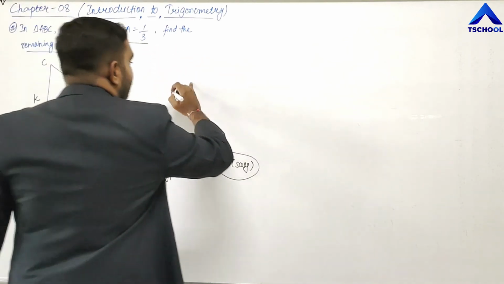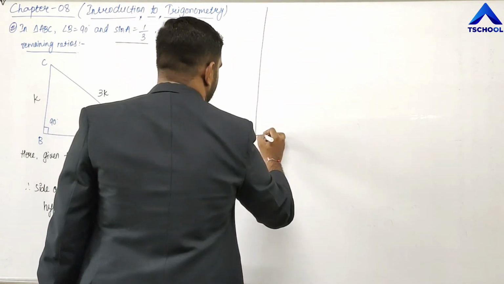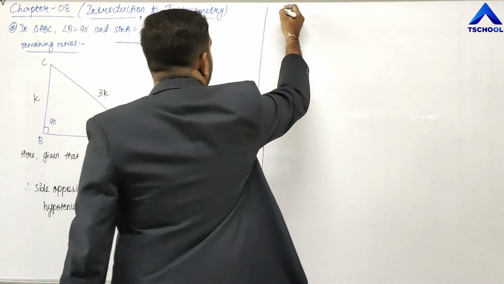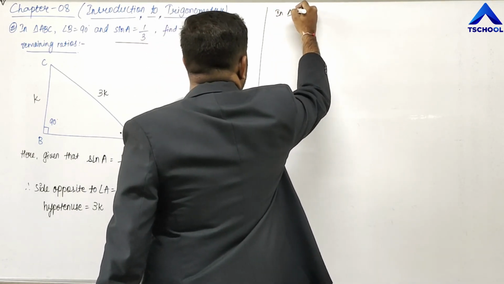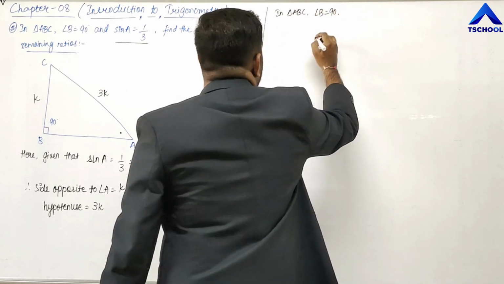So to find out that, let me write down here itself. In triangle ABC, angle B is equal to 90.